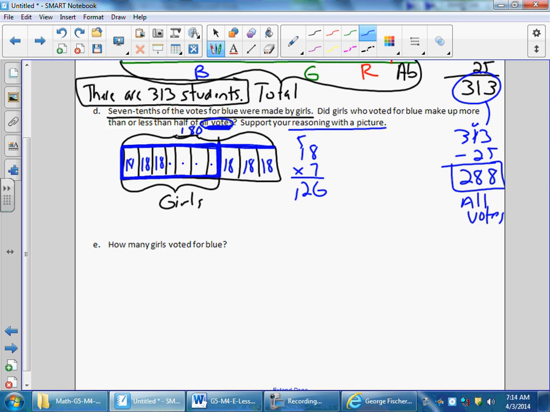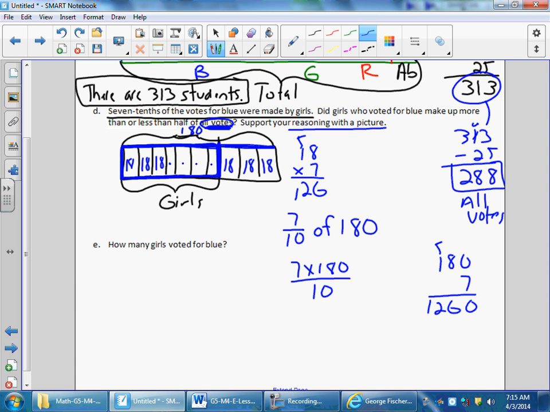Or, at the very beginning, I could have taken 7/10 of 180, which would be 7 times 180 divided by 10. 180 times 7 is 1,260 divided by 10 would be 126.